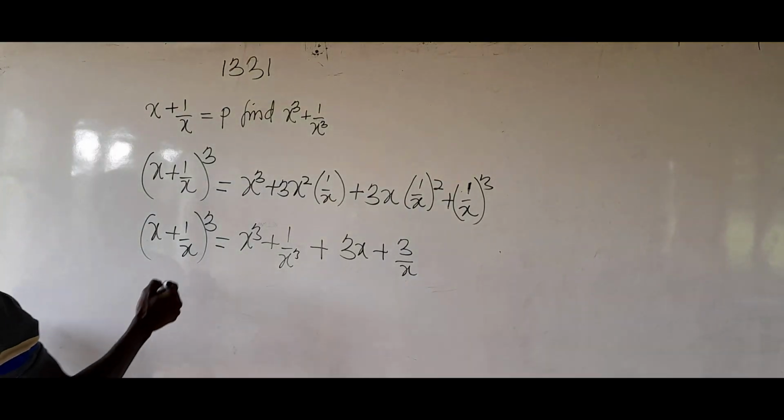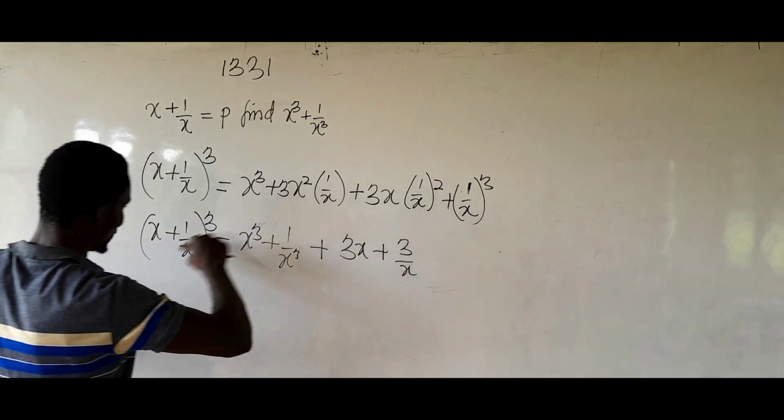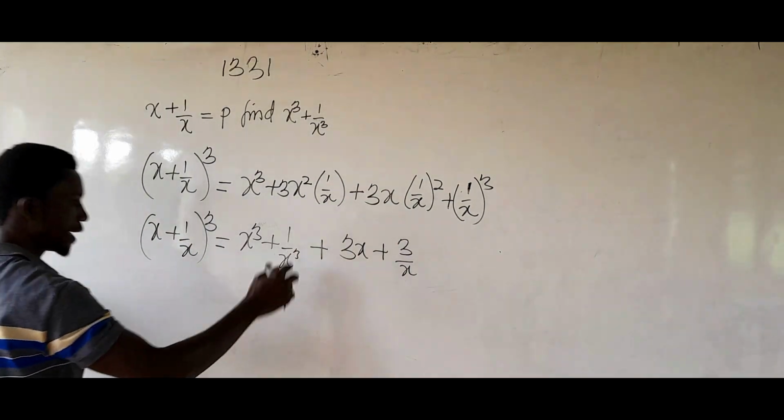So I will bring 3 out of x plus 1 over x to this side and leave x cubed plus 1 over x cubed there.